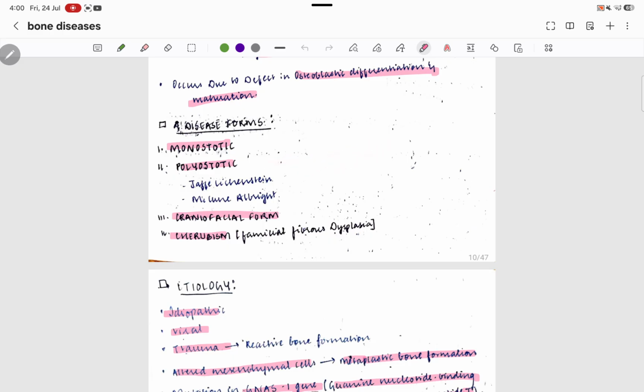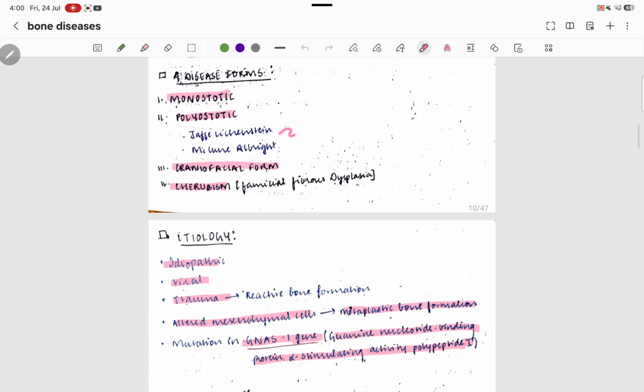Then in polyostotic we also discussed two syndromes, Jefferson syndrome and McCune syndrome. Then we discussed something called cafe au lait spots. What about this phenomenon occurring in these two syndromes?